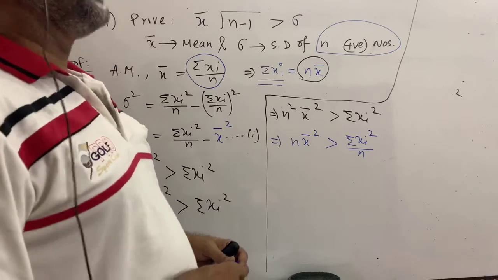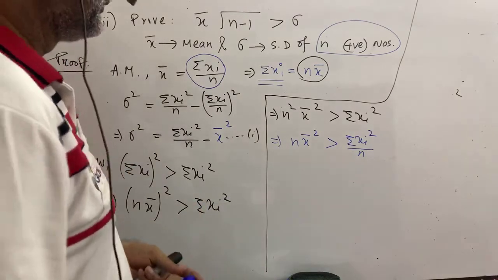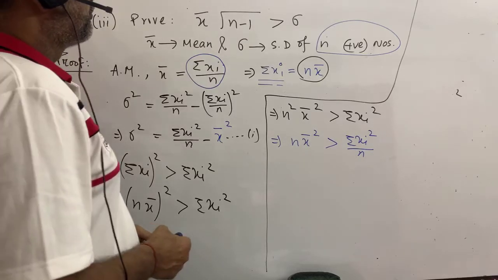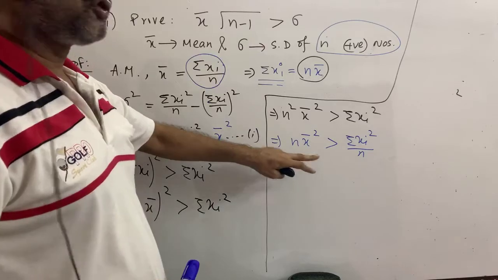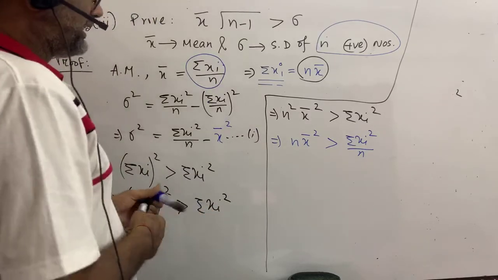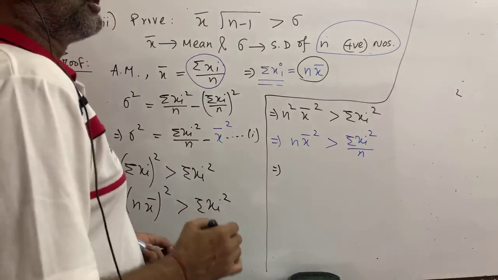You can give a side note here: I have divided both the sides by n. Now, as per the requirement of the proof, there is n minus 1. Yes, we will get n minus 1 if x bar square is subtracted from both the sides.